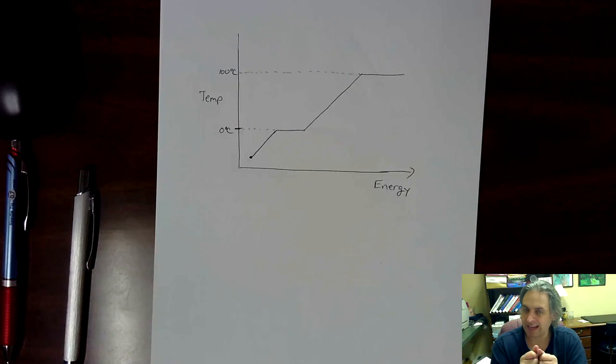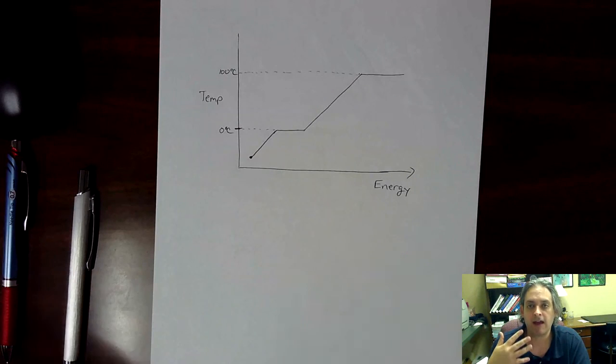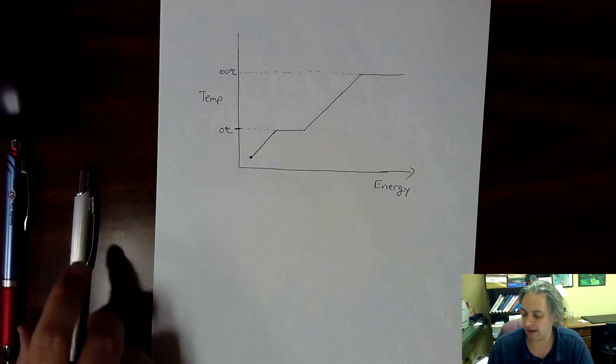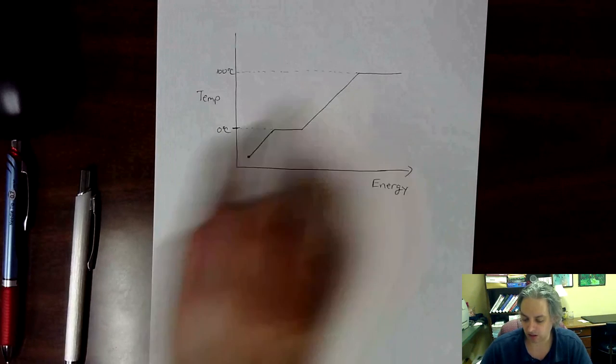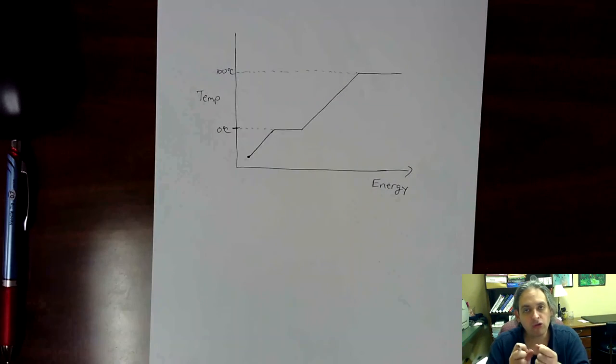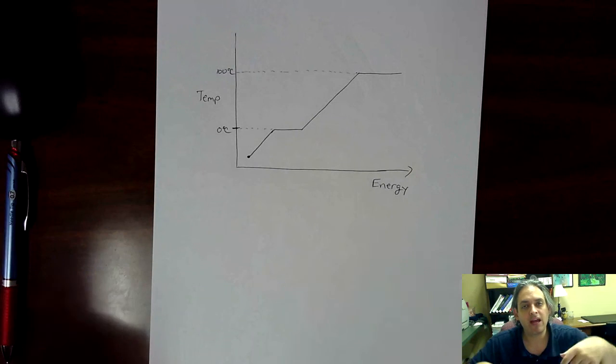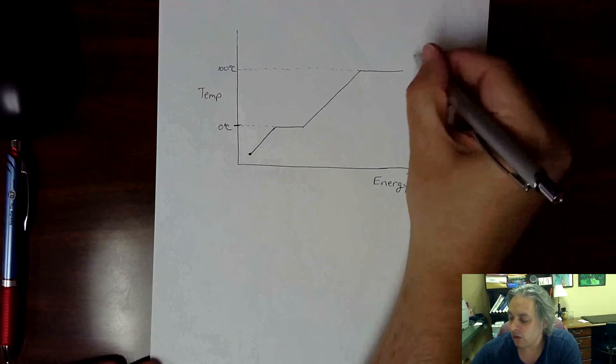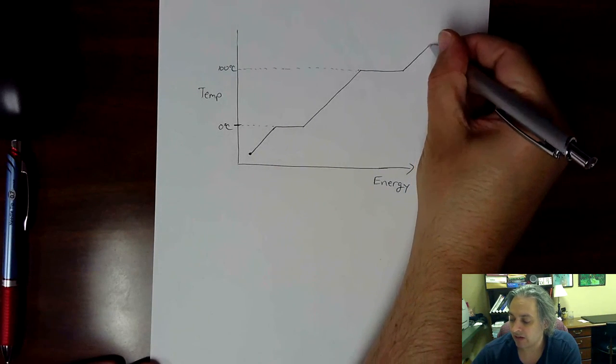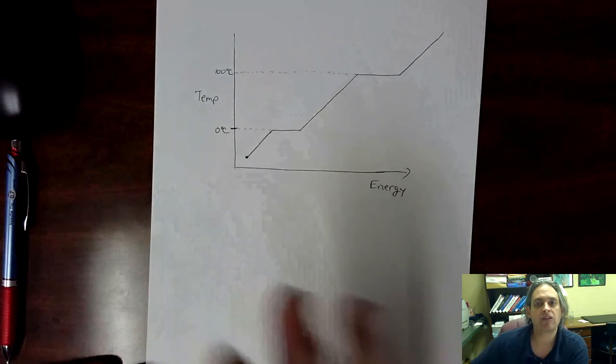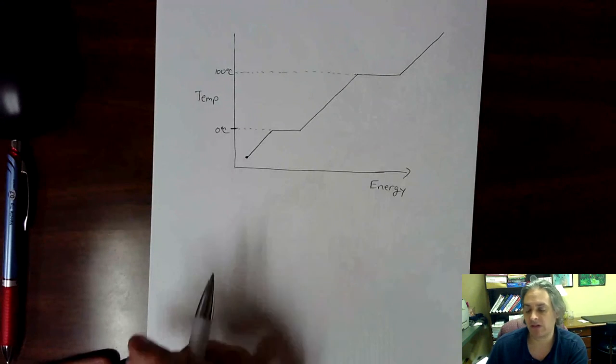And so that is energy that's going into the potential energy rather than the kinetic energy of the molecules. And so this is where boiling occurs. Once all those liquid molecules are far enough away and now are gas, we start getting another increase in temperature, and the temperature keeps increasing as you increase the energy.